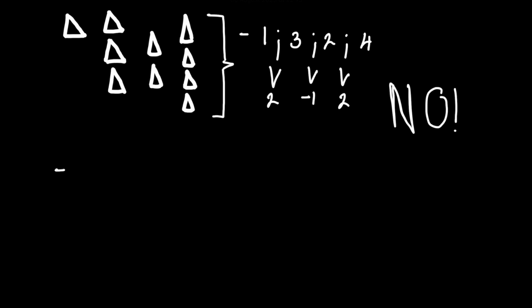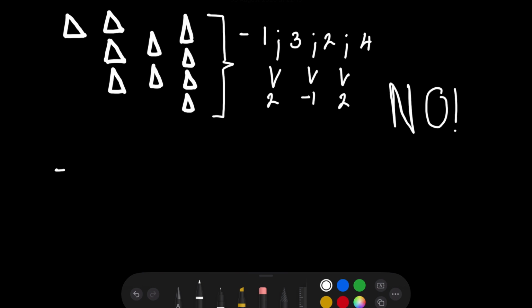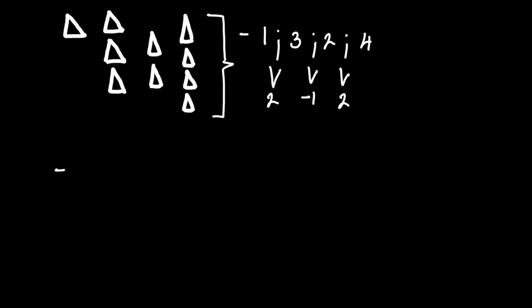So I can continue this pattern. Let me quickly erase that no right there and put some space. We can continue this pattern by simply going, the next term will be minus 1. That will give us a 3. The next term will be positive 2.